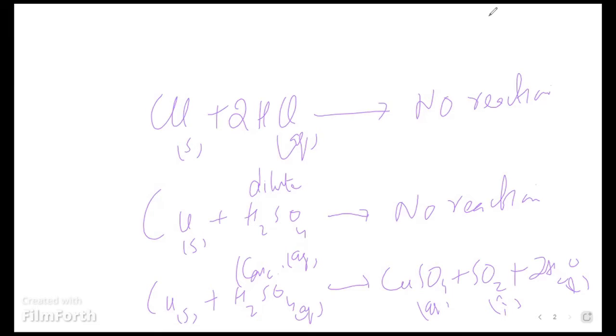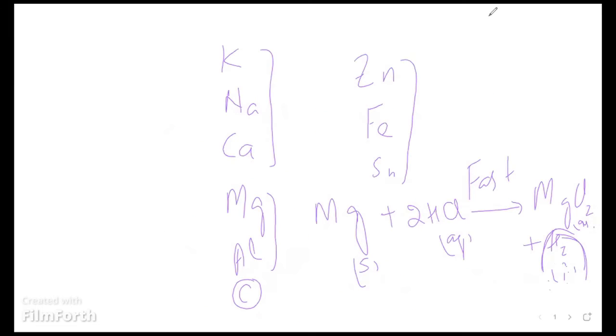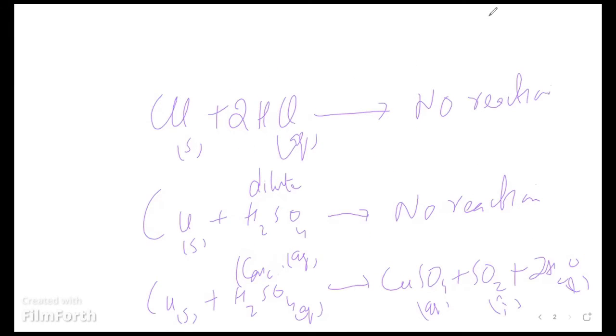How can we write an equation for the reaction of copper with nitric acid? Listen, write down Cu plus 4HNO3, and you should write concentrated with it.